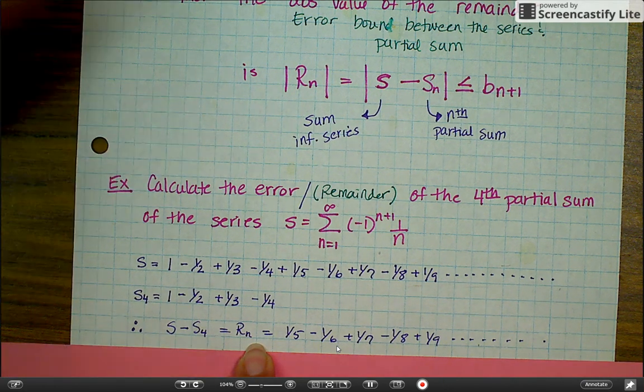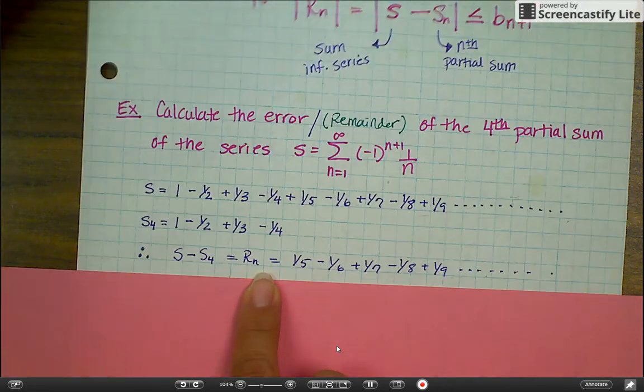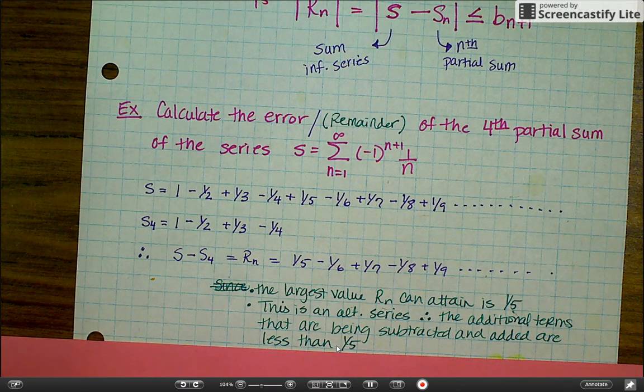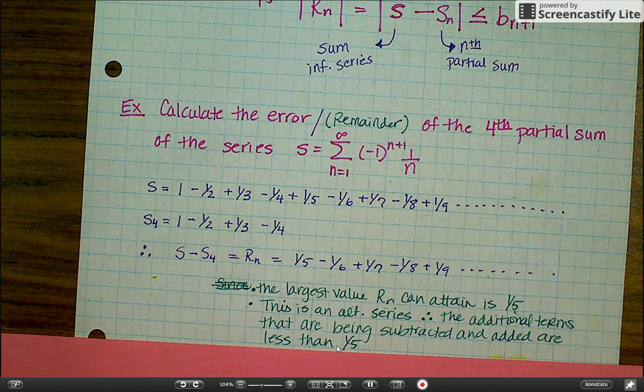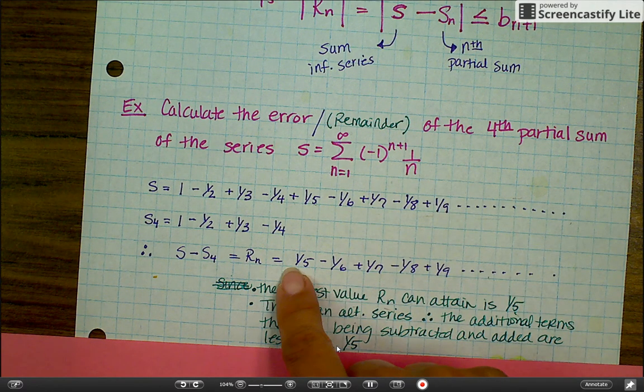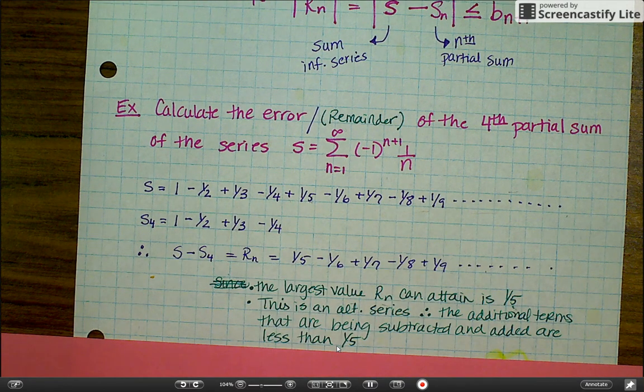Now, this remainder, the largest value that it can be is 1/5. Now, 1/5 is already positive in this situation, but had my exponent been different, it might have been negative, and I would just take the absolute value. What is the largest value that my remainder can be?